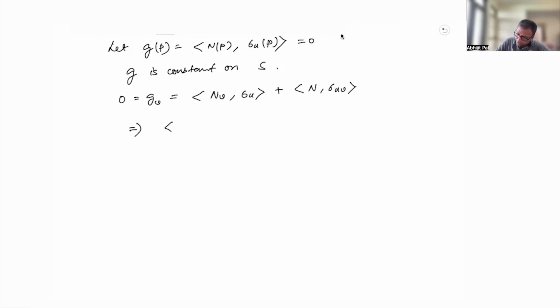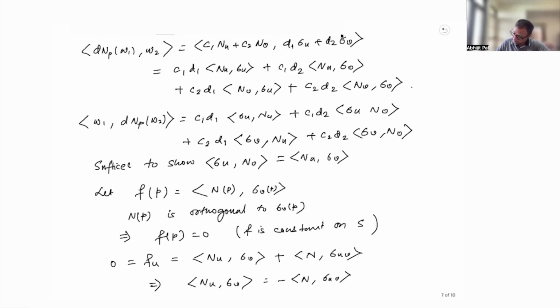So the inner product of NB comma sigma U is equal to minus N comma sigma UB. Here the partial derivative should be sigma BU.